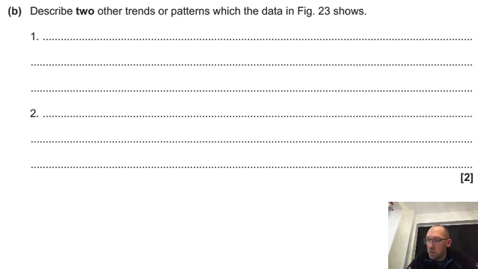Others misread the graph and wrote about levels of participation rather than the percentage of young people suffering from mental health disorders. Centres have obviously been working with candidates to analyse data, and this has resulted in many candidates coping well with this type of data-based question.